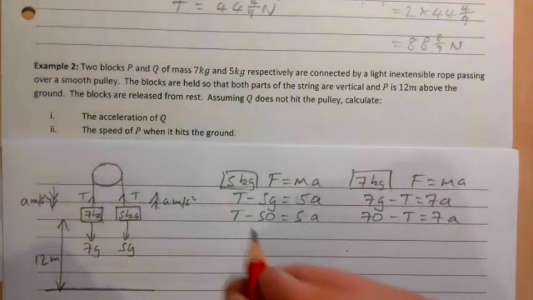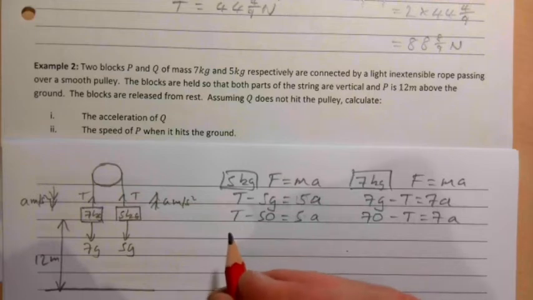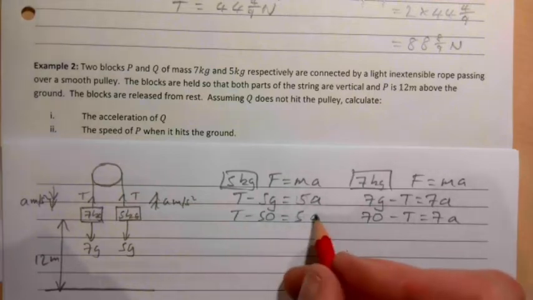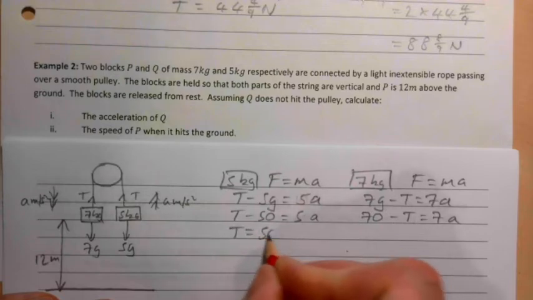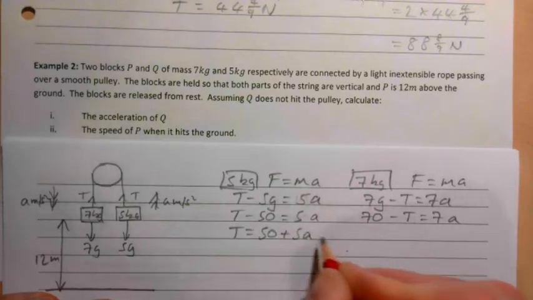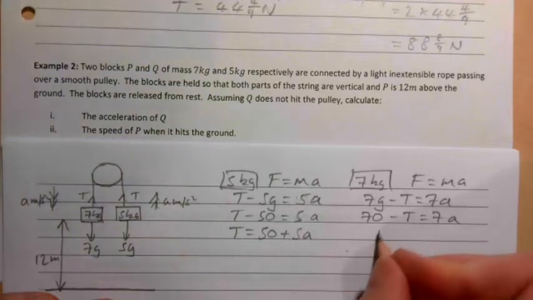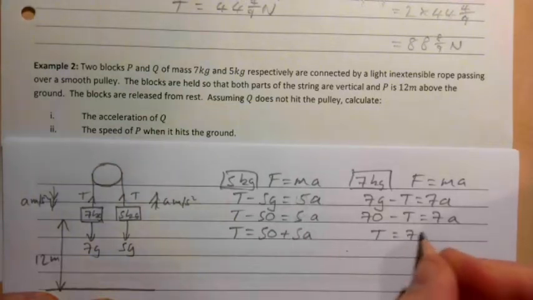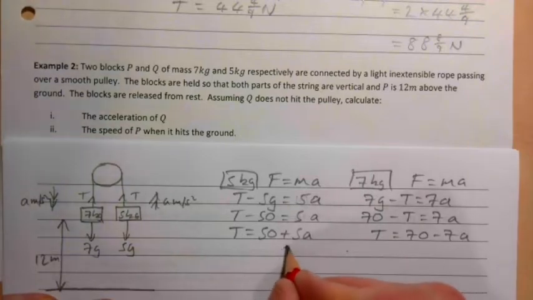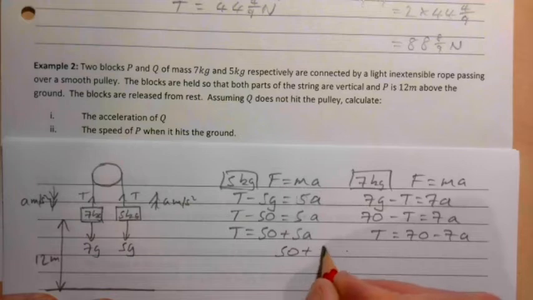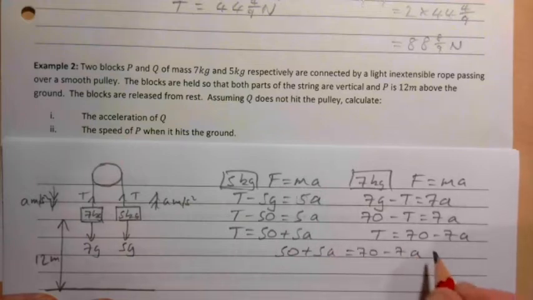Listen, we'll just do this one a slightly different way so we can see where it comes from. If I rearrange this to get the T on its own, that means T equals 50 plus 5A, and the T here is my 70 minus 7A, and then let the two of them equal each other. That means 50 plus 5A equals 70 minus 7A.